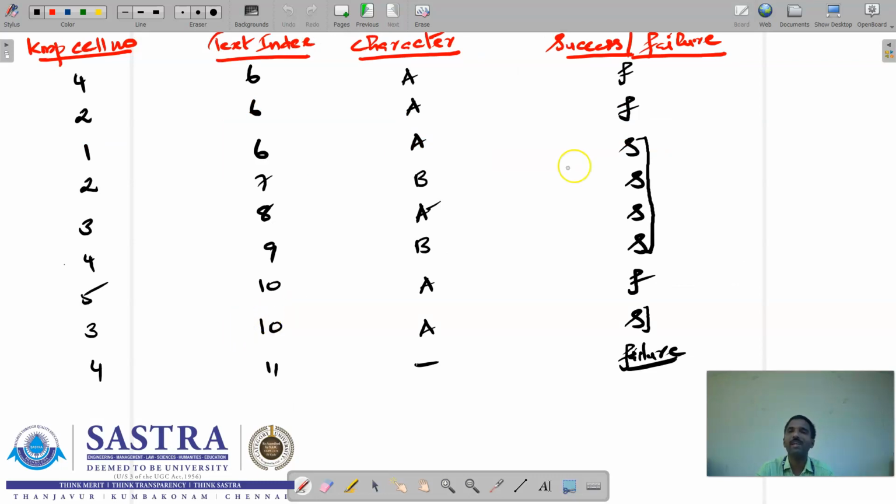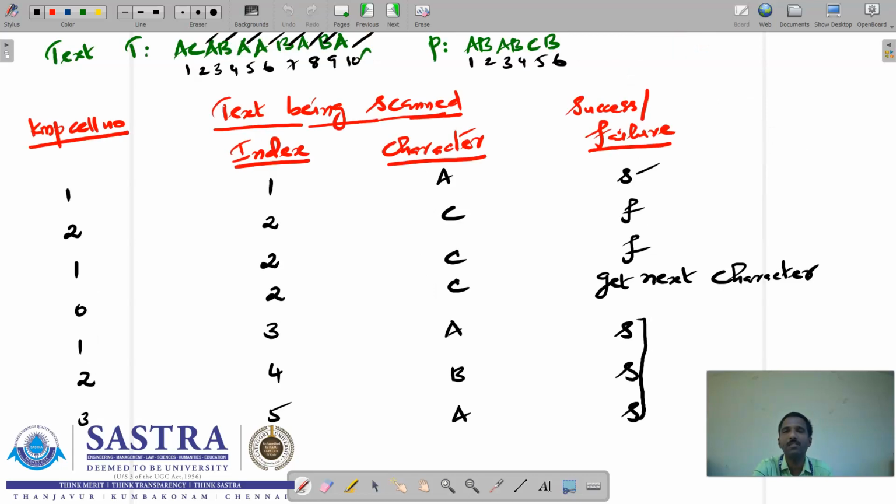This indicates that the given pattern ABCB is not available in the given text. The given pattern P, ABCB, is not available in the given text. So it partly matches here.